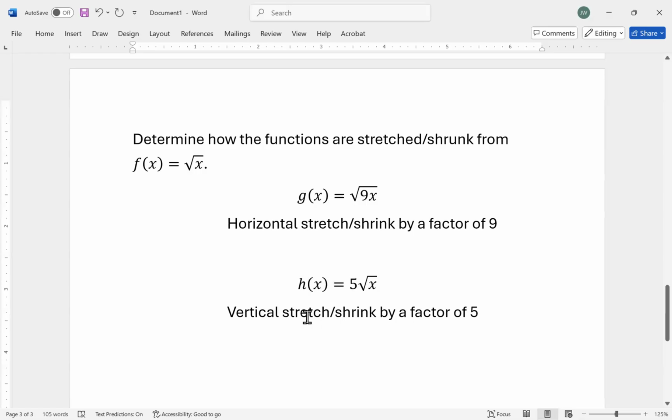In this one, it's a stretch. You're getting further away from the x-axis. Your y values are all being multiplied by 5 for h of x. Your x values are all multiplied by 1/9 for g of x. That's how these horizontal stretches and shrinks work.